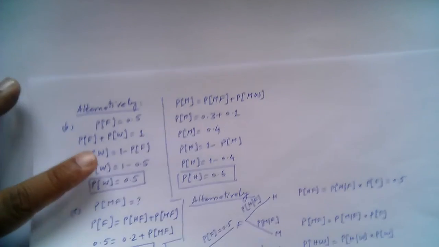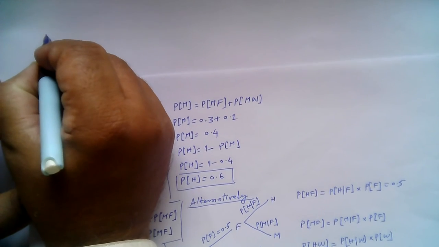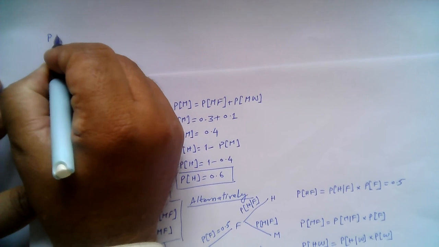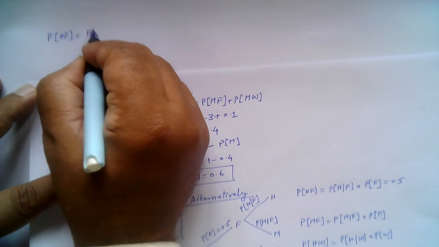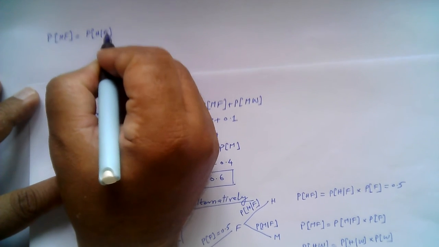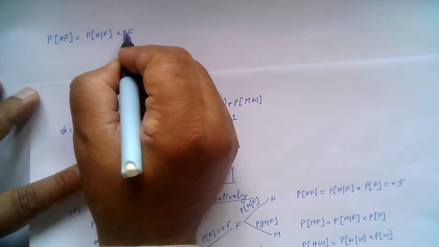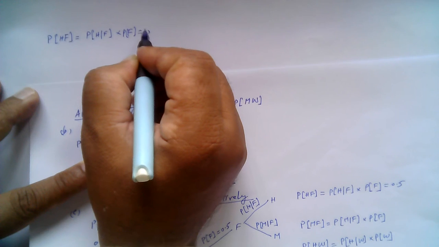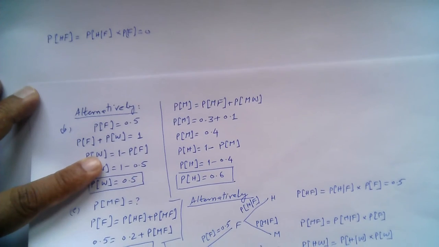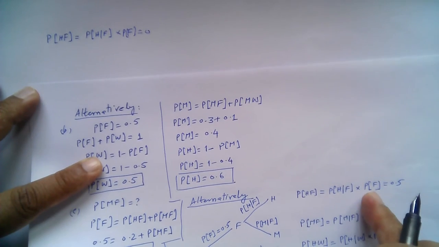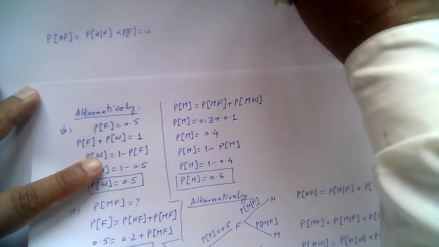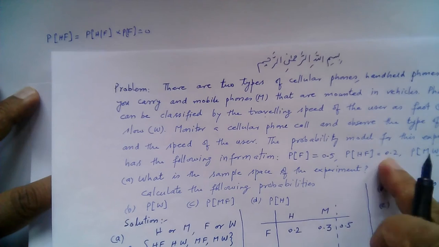So from this relationship, the probability of HF is equal to the probability of H given F multiplied by the probability of F. The probability of F is 0.5, and the probability of HF is 0.2.